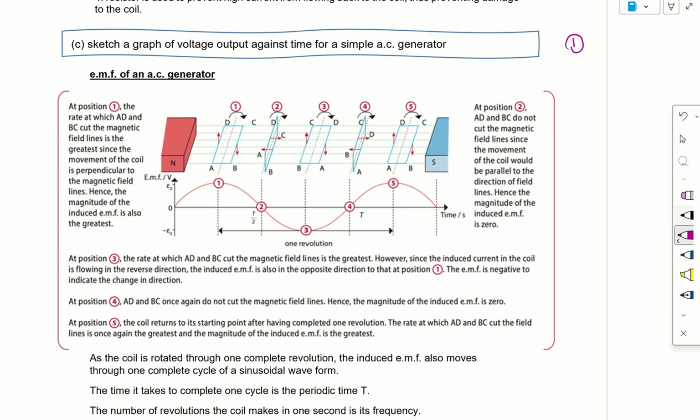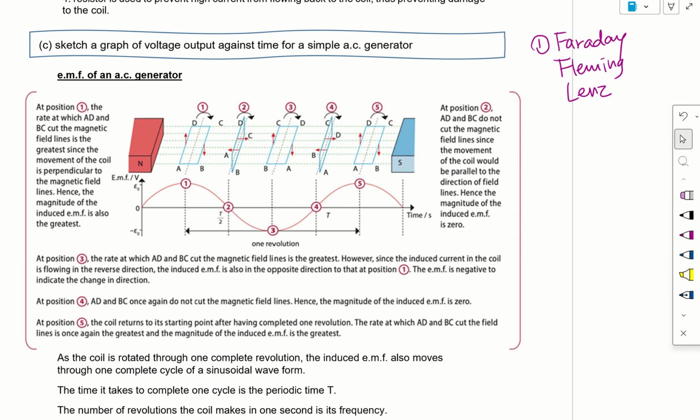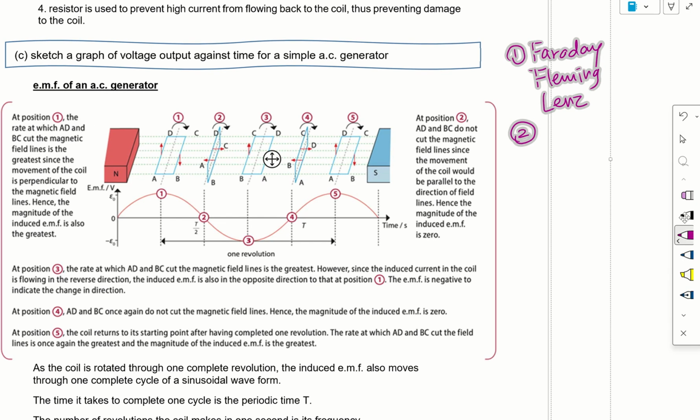So the first thing that you need to know is who the three people involved are: Faraday, Fleming, and Lenz. So you can either watch back the Success Criteria A video or Success Criteria B. Then what was covered in Success Criteria B was the simple AC generator.